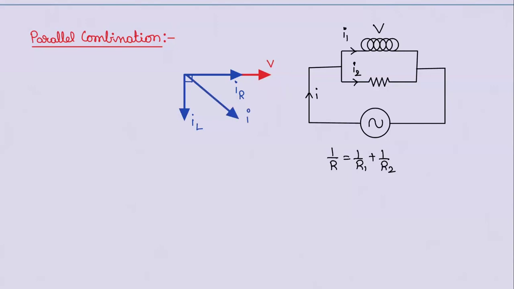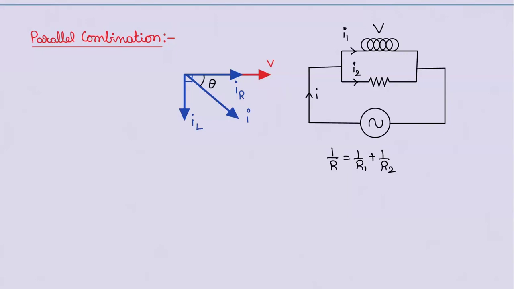Now net current will be I, and phase angle is theta. That's it. Nothing else is required. Next one: what about impedance? Yeah, you can write the same impedance phasor. I repeat once again, you should not write impedance phasor in CBSE anyway. Parallel combination is not there in CBSE, no issues.